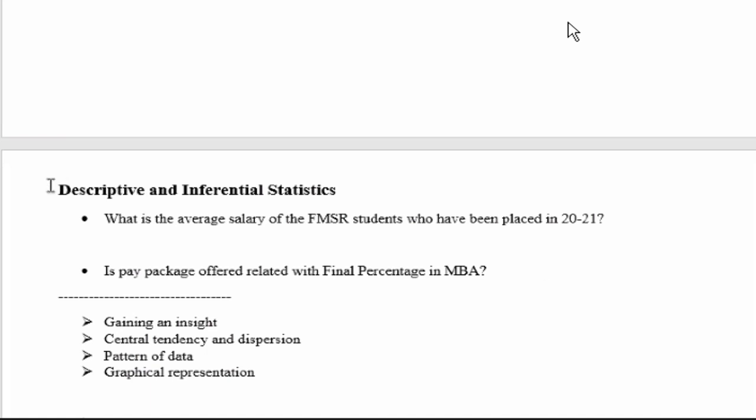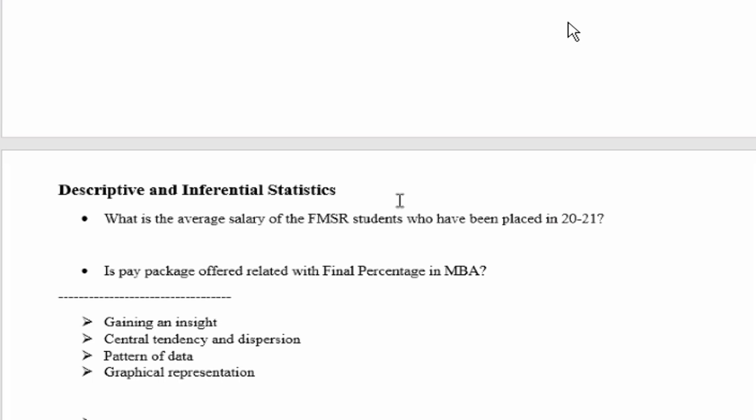So, by descriptive analysis or descriptive statistics, we mean that if we are analyzing data collected from a sample, and we want to describe its characteristics in terms of various factors, then that is descriptive analysis or descriptive statistics.